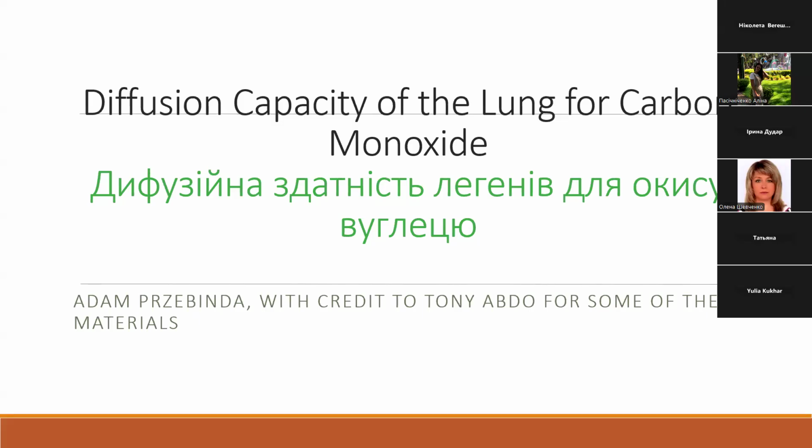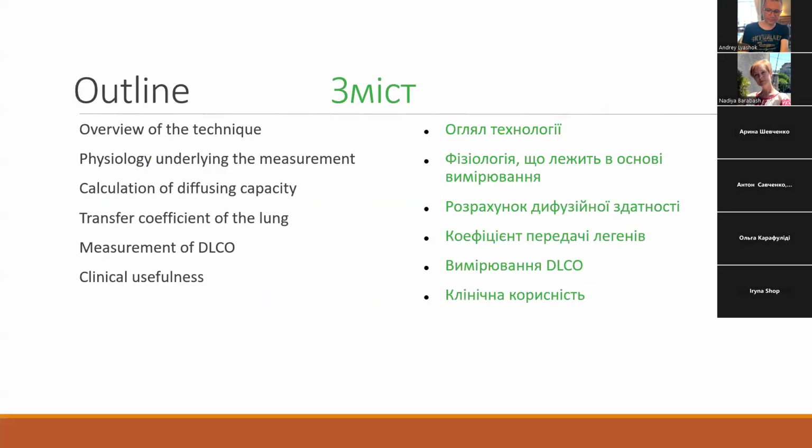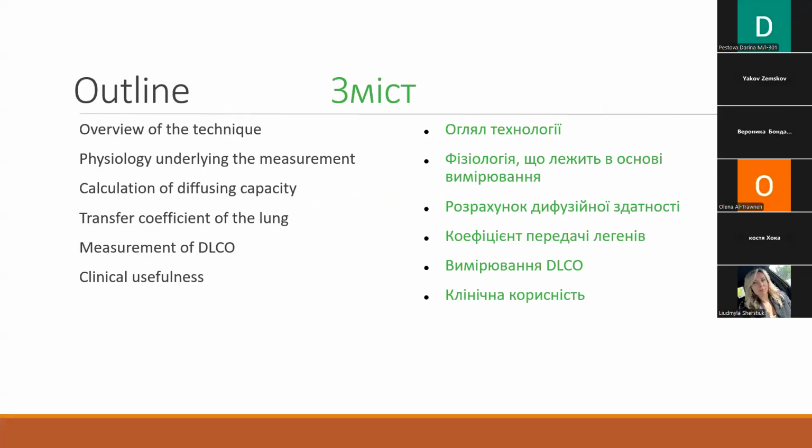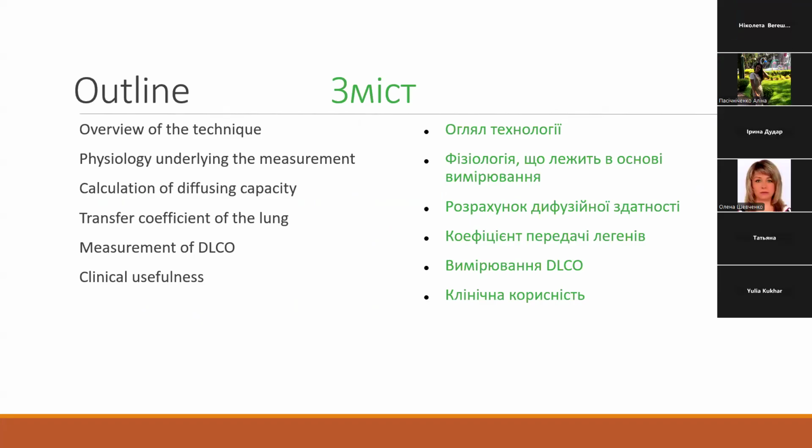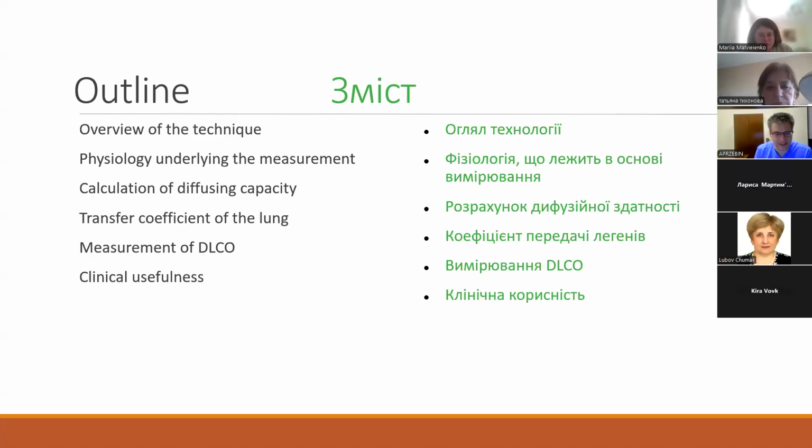So the outline of the talk today: we're going to talk about the technique and the physiology underlying the measurement, and that is the vast majority, really, understanding what is actually being measured and how it works, and what a low diffusion capacity means physiologically.